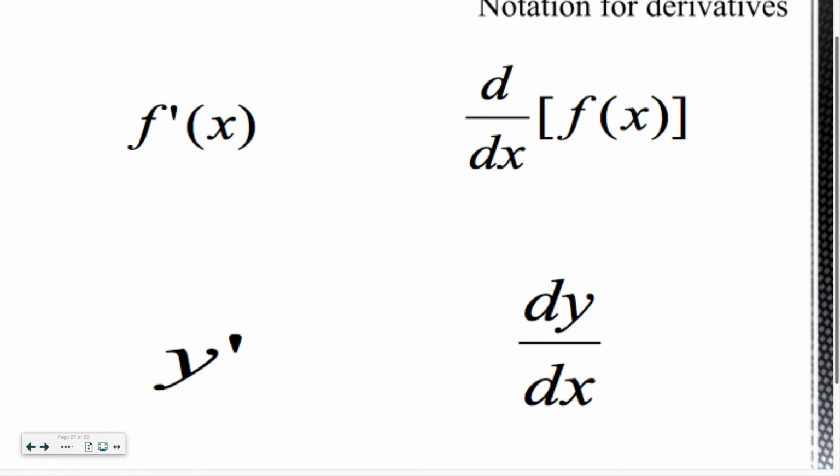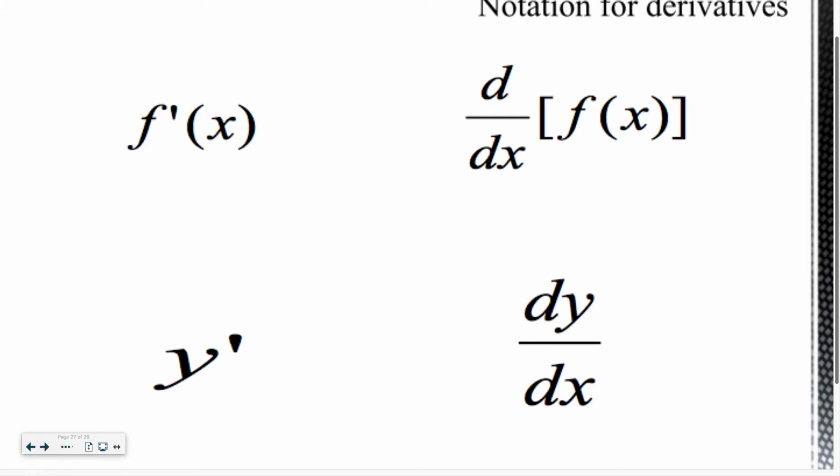Let's talk about why this one looks the way that it does. What did I tell you that a derivative is representing? Instantaneous rate of change, slope of a tangent line. Let's go back to pre-algebra. How do we find slope?